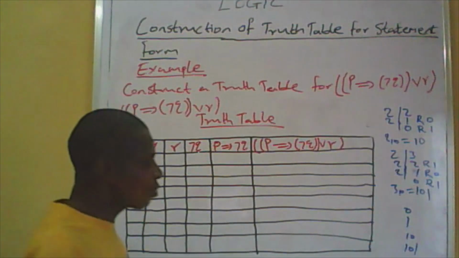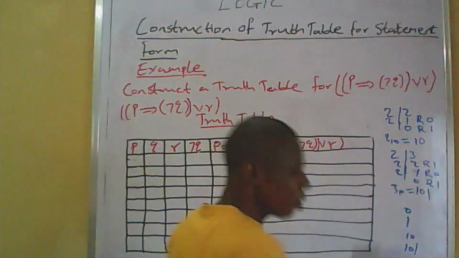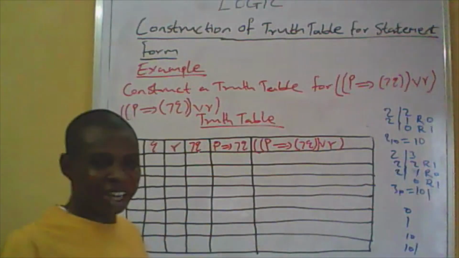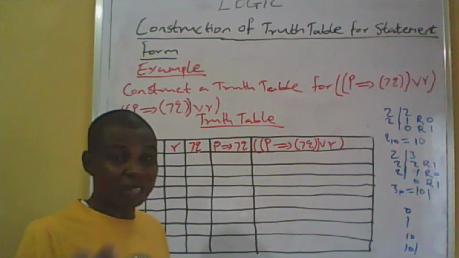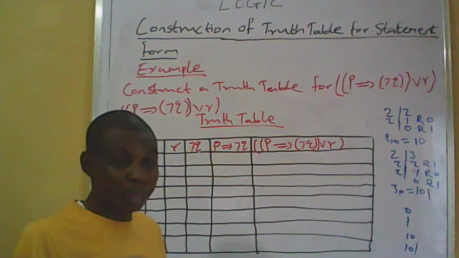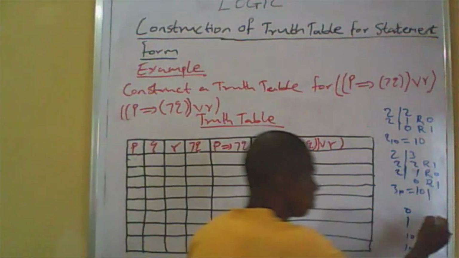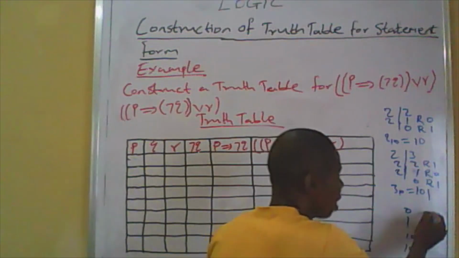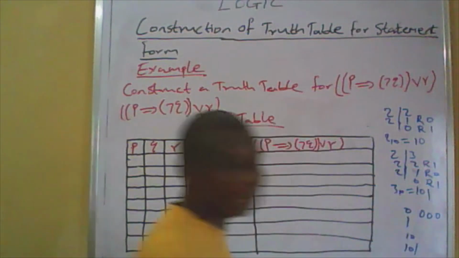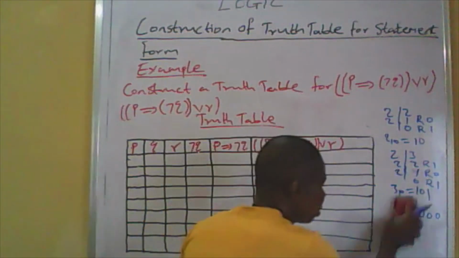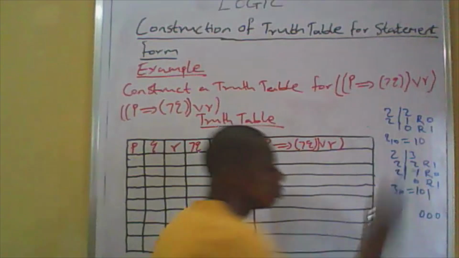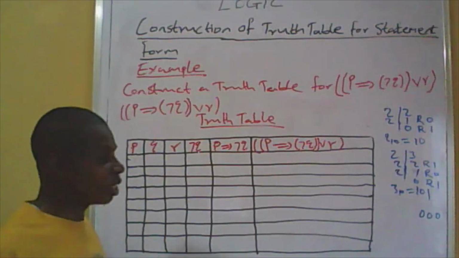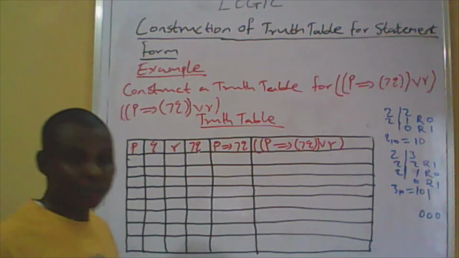So we have 0, but knowing that we have three simple statements, since we have 0, you add two more 0s, 000, so that you have one combination. This is your number one, the first column representative, or last, depending on how you want it.